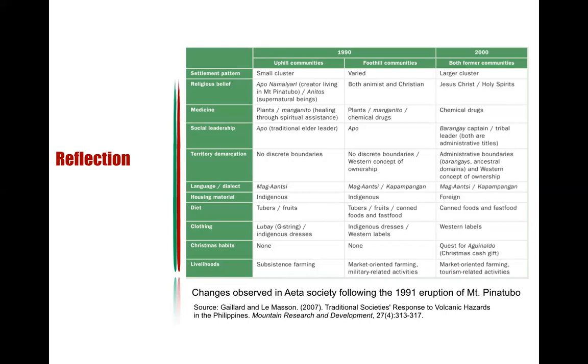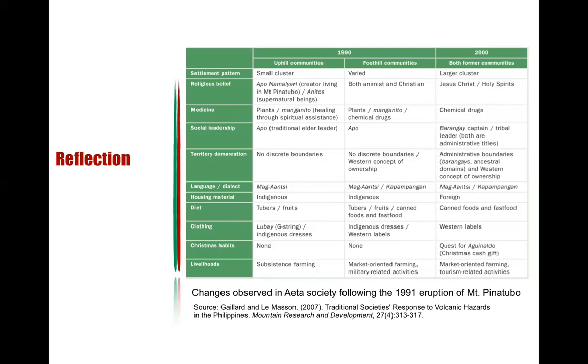It shows that because of the volcanic eruption, because of the environmental change, the culture of the Aitas also changed. Even the settlement patterns, religious belief, medicine, social leadership, territory demarcation, language, housing, diet, clothing, Christmas habits, and livelihoods changed in the aftermath of the Mount Pinatubo eruption. Again, this is an exemplification that the environment can change our culture.